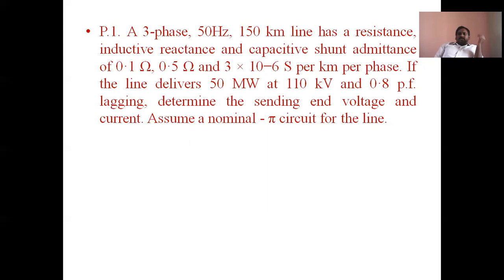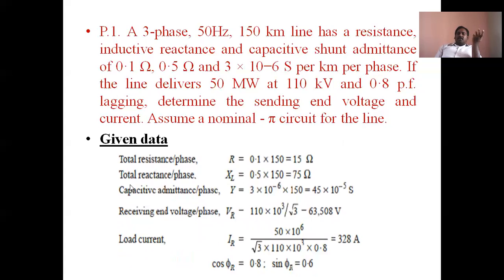The line delivers 50 megawatts at 110 kV and 0.8 power factor lagging. Determine the sending end voltage and currents. Assume a nominal pi circuit of the line. Directly, using the nominal pi method, you can determine the sending end voltage and currents.